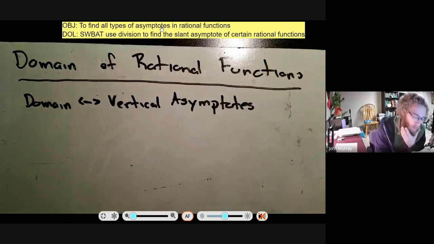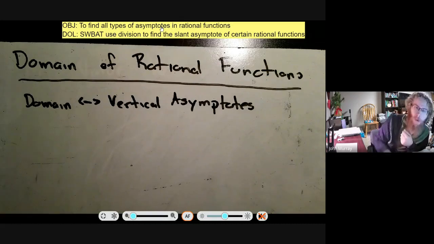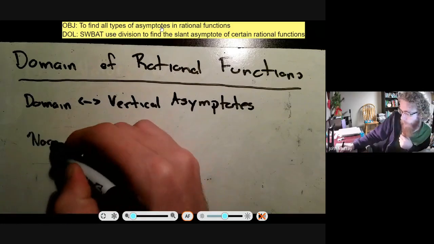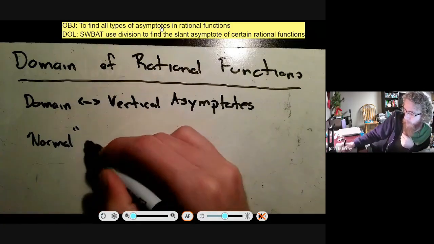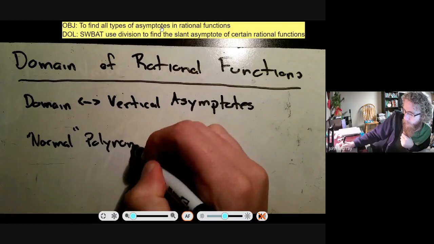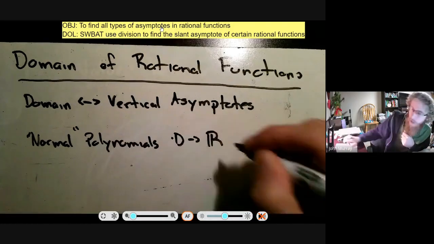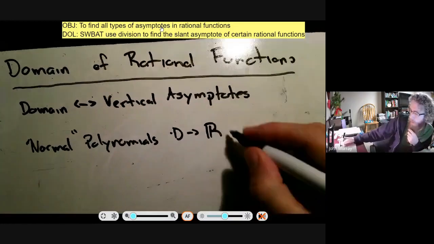So the domain of our rational functions is pretty much directly linked with our vertical asymptotes. For most of these, they act like normal polynomials, right? Normal polynomials, our domain is all real numbers.